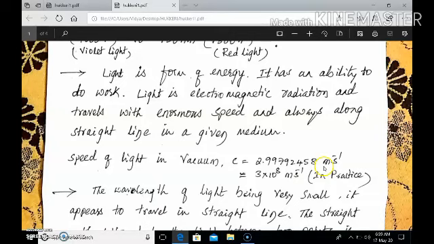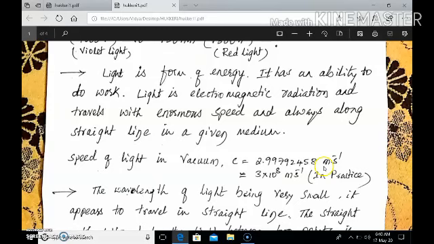Mainly the Michelson-Morley experiment and Euler-Roemer experiment, they have determined the speed of light in vacuum to the accuracy of c equals 2.99792458 meter per second. For all practical purposes, we approximately take it as 3 into 10 to the power of 8 meter per second.